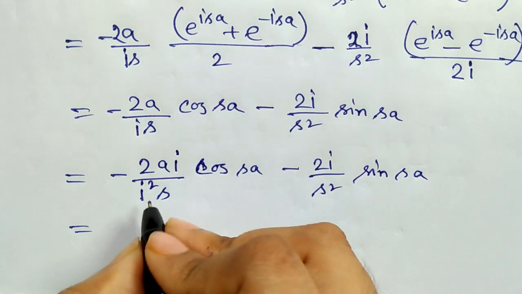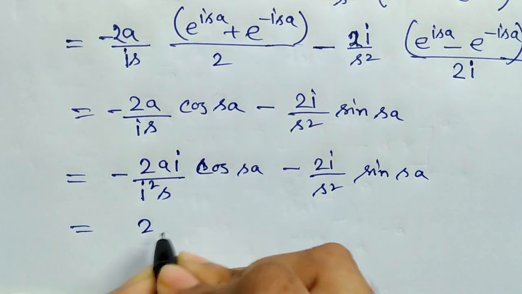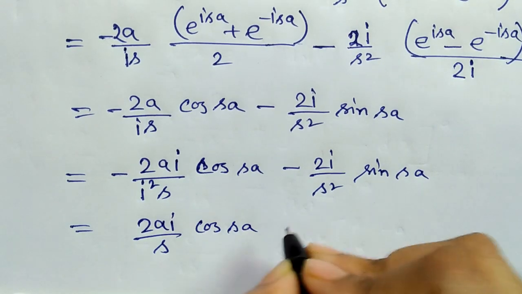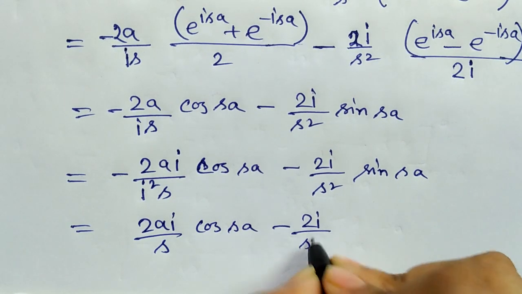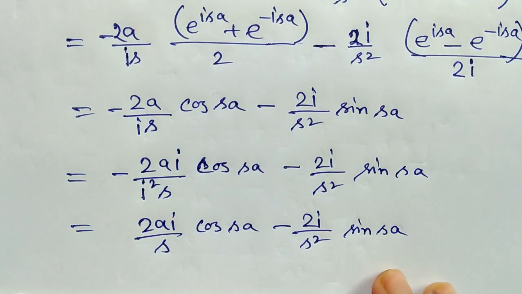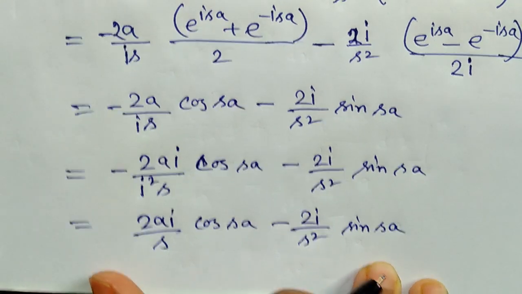So this is equal to, this i squared means minus 1, so minus minus plus 2ai by s cos sa minus 2i by s squared sin sa. So this is our final result.